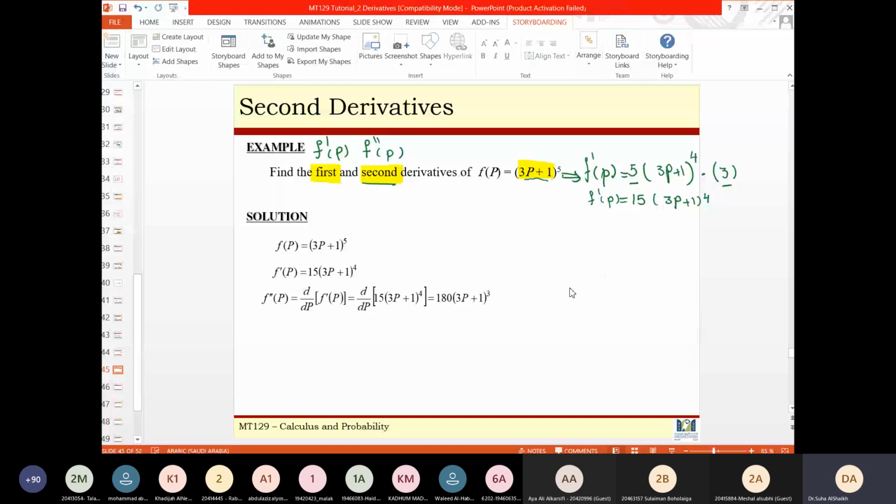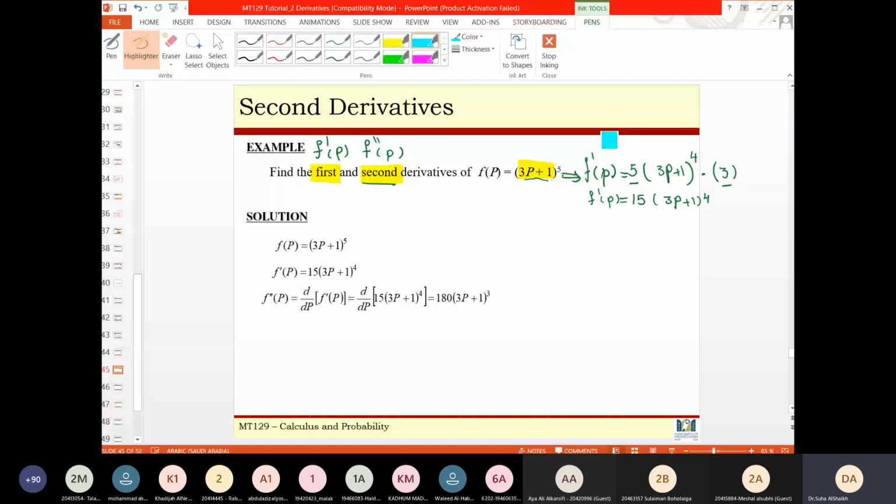They said they want me to find the second derivative. The second derivative is the derivative of the derivative. So f double dash of p is the derivative of this amount. It's equal to, I have 15 here, and down there we multiply with 4. We remain with 3p plus 1, to the power 4 will be to the power 3.